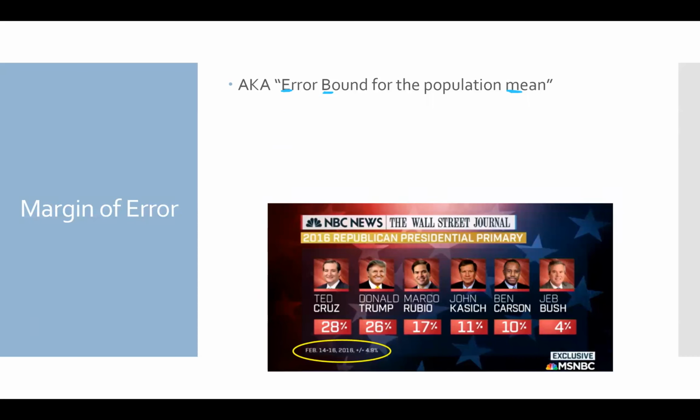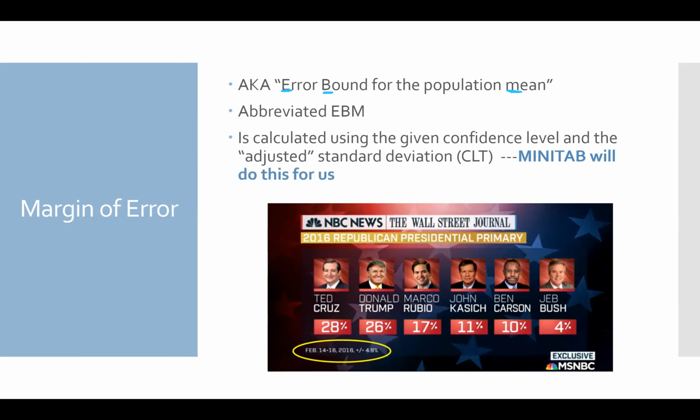If they used the fancy statistical language, error bound for the population mean, people might scratch their head and not know what they're talking about. Error bound for the population mean is abbreviated EBM.